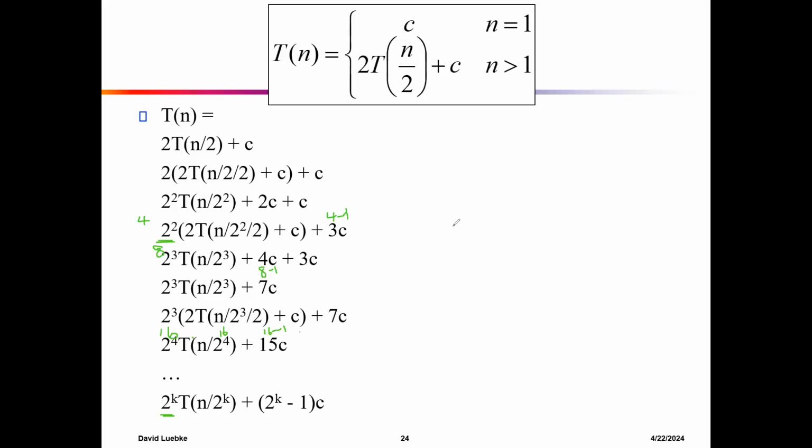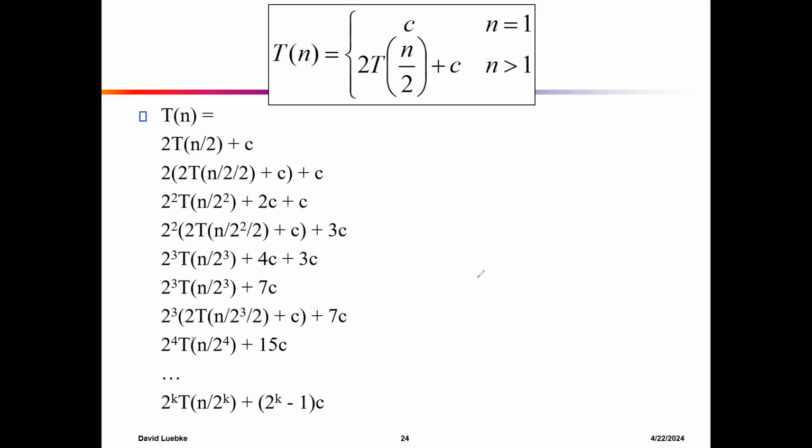So what are we going to do? Will we put k equal to n? What do you think we should put k equal to? Because we have powers of k and so on, and we keep dividing by 2 every time, when will we stop dividing?